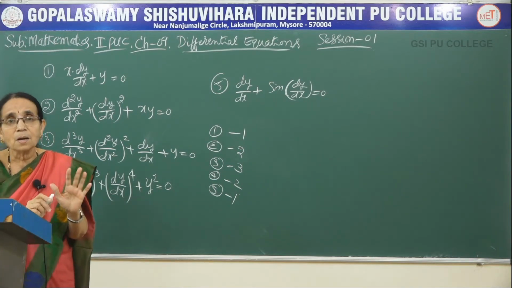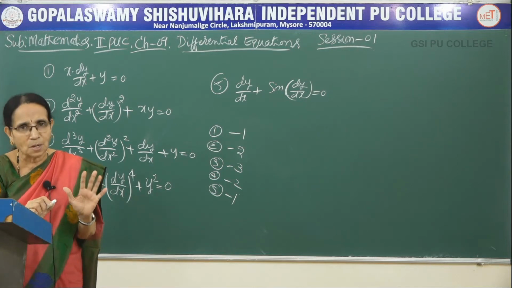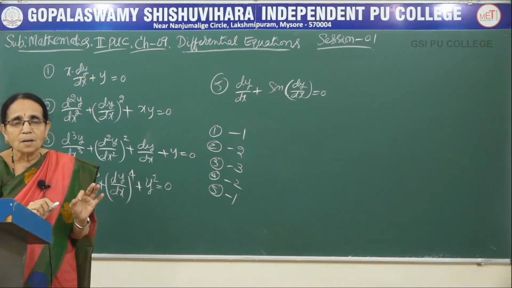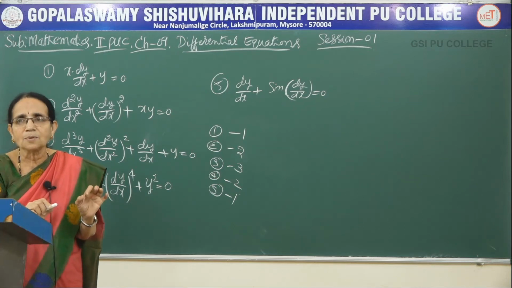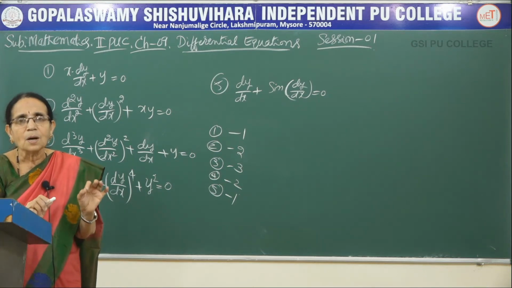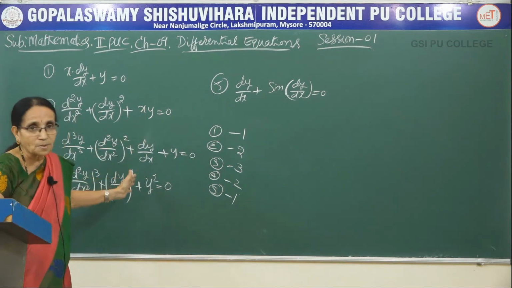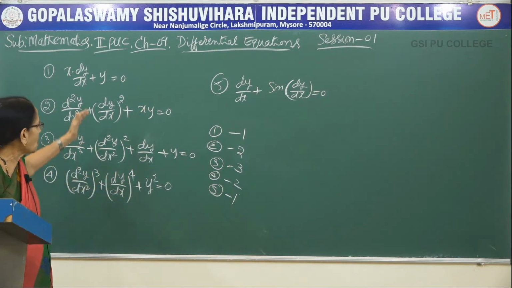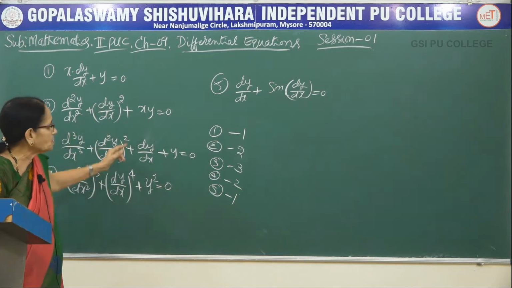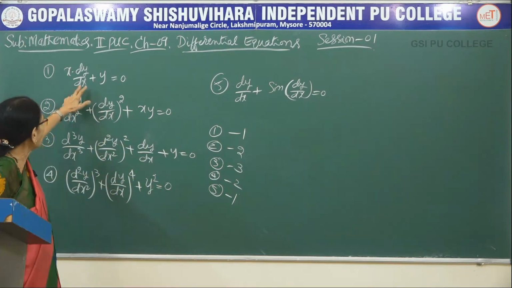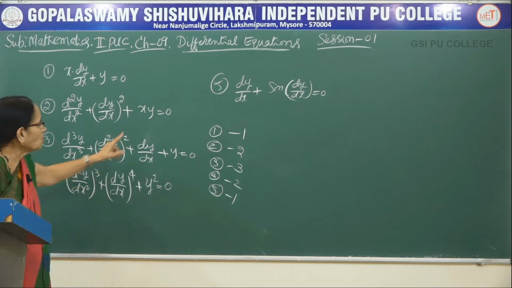Understand? The order is nothing but the order of the highest order derivative occurring in the equation. So in the present examples, the orders of the respective examples are 1, 2, 3, 2 and 1.